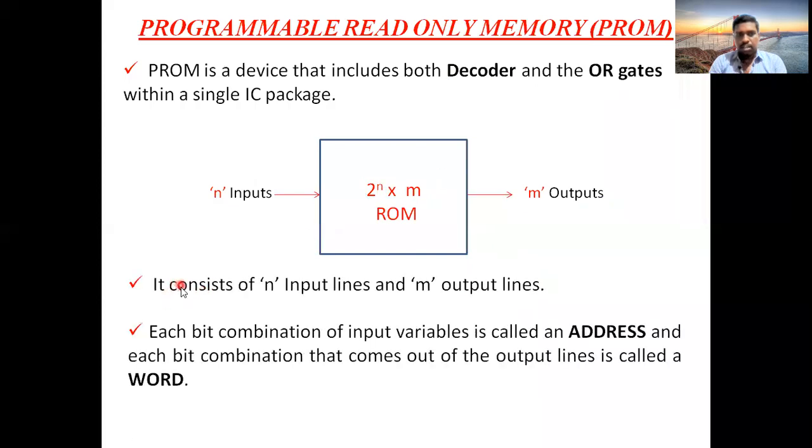See here, it consists of n number of input lines, and it consists of m number of output lines. Clear? N inputs as well as m outputs. Now each and every bit combination of input variables is called as address.